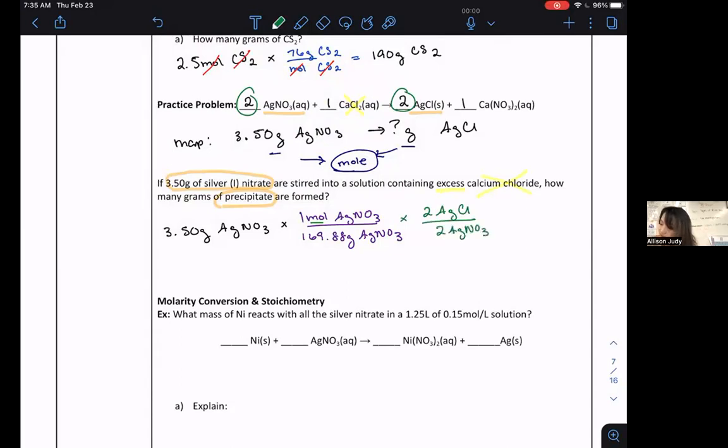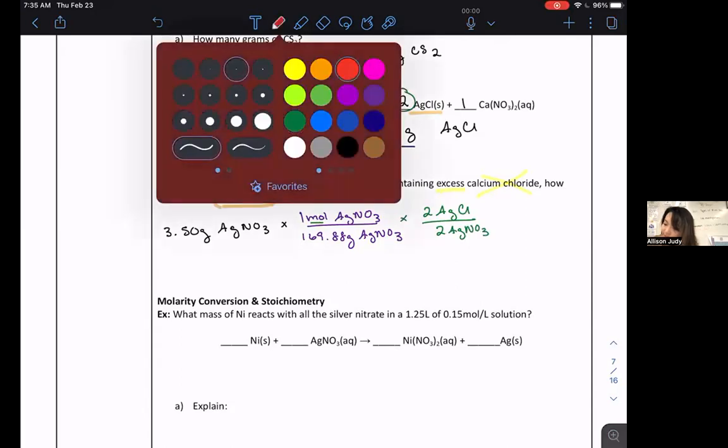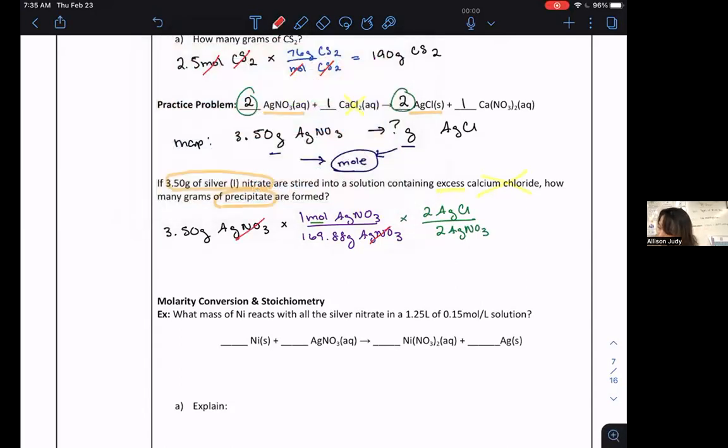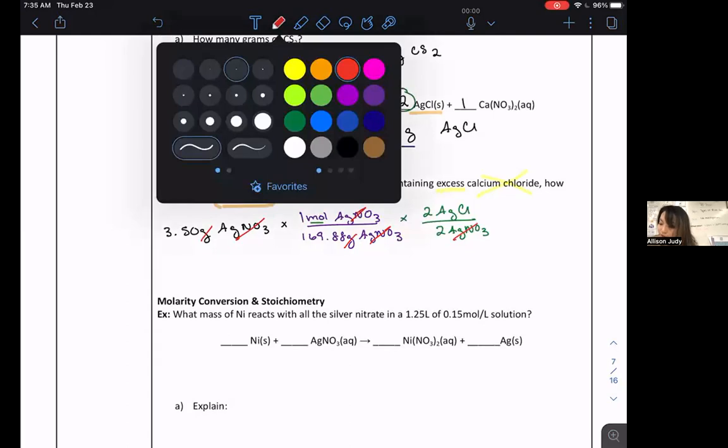I should be canceling this out as we go, and I'm left in moles of AgCl. Awesome. So I've canceled out old units and old substance, and now I just have to make sure I'm in my preferred new unit.